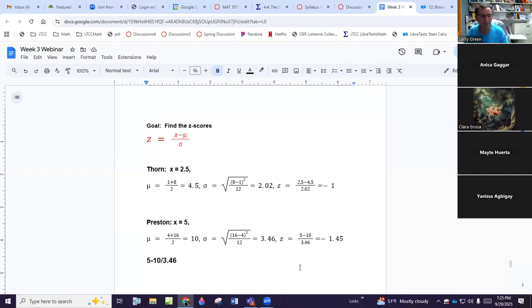It's hard to read your mind. It's an order of operations issue. Order of operations says if you just write it out like this, it's going to divide before it subtracts. And because we have this 5 minus 10 in the numerator, you need to subtract instead of divide. So this is wrong.